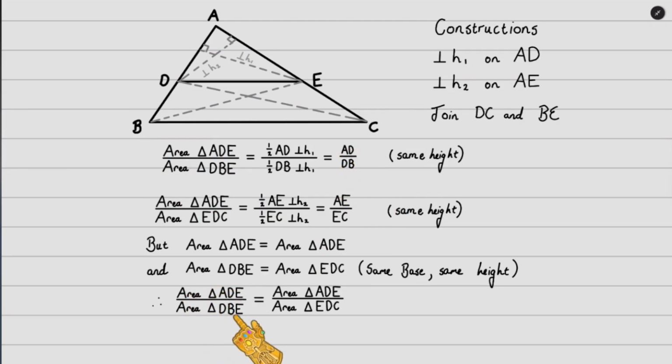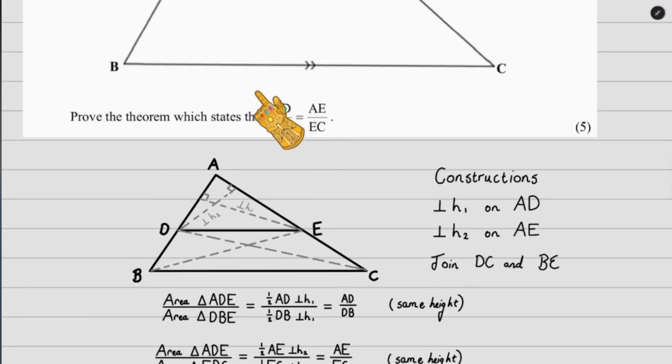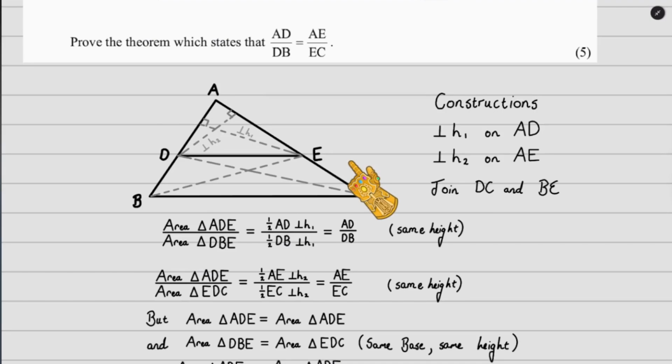So this gets replaced with this, and this gets replaced with this. And we just say therefore AD over DB equals AE over EC, and now we've adequately proved what they asked us to prove. AD over DB equals AE over EC.